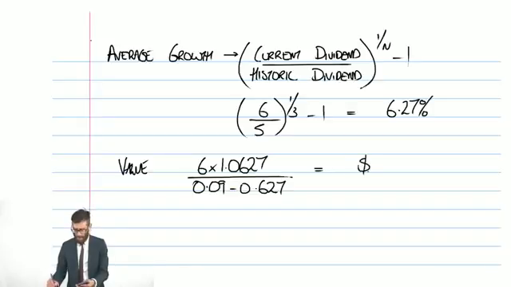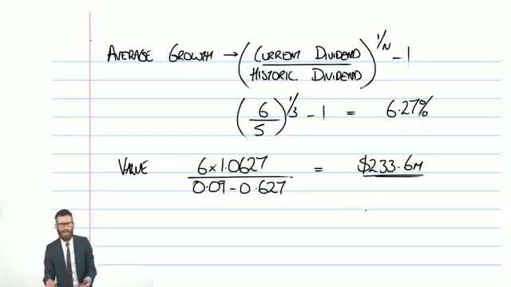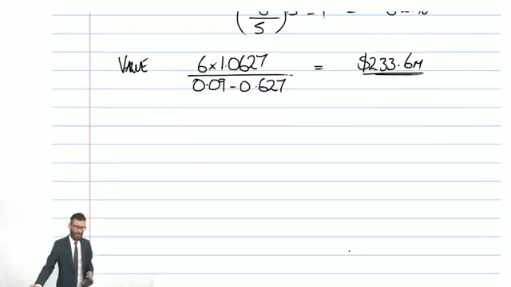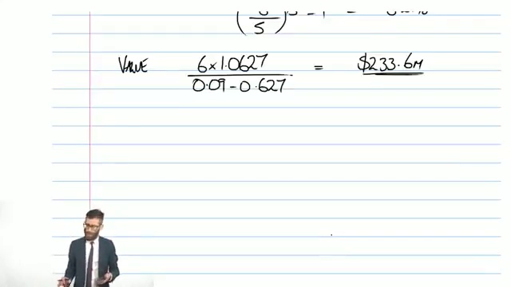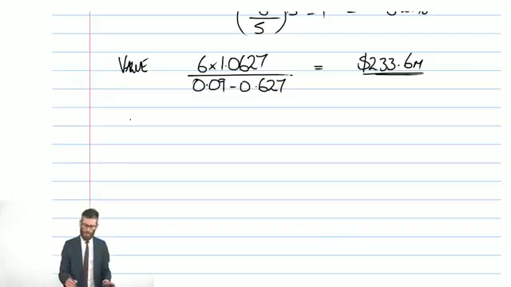That comes out at 233.6 million, which is way in excess of the market capitalisation. Not really reliable because the dividend may have been distorted or increased. The growth makes this very sensitive, as you shall see.